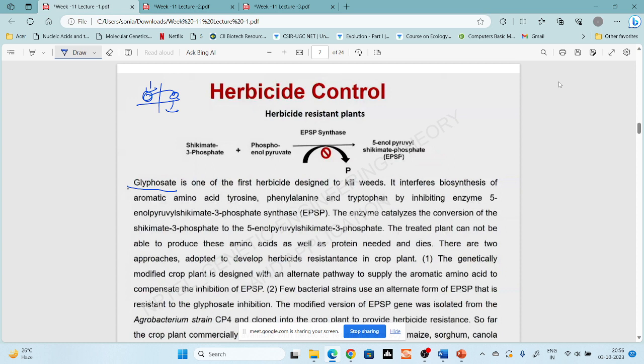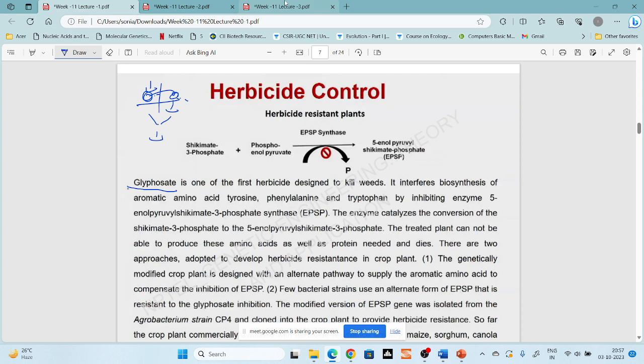So the strategy can be different, but the consequence is the same: spraying the herbicide does not cause any effect on the plant. That is why we are making it herbicide resistant. If even after making it herbicide resistant the plant is getting harmed by the herbicide, then what is the point of creating a herbicide resistant plant in the first place?